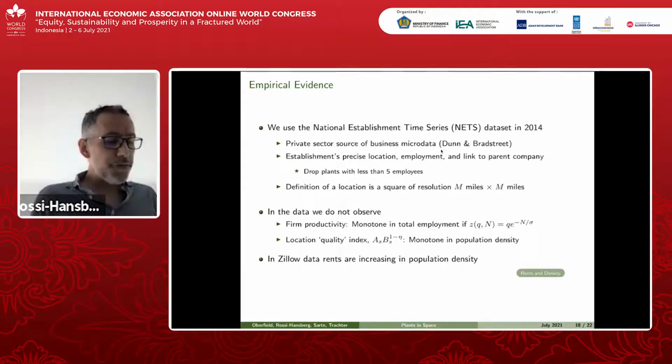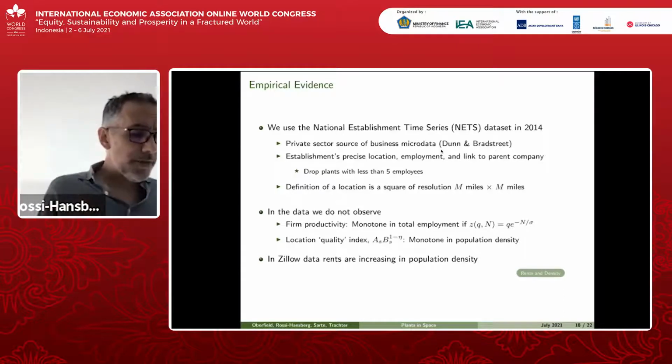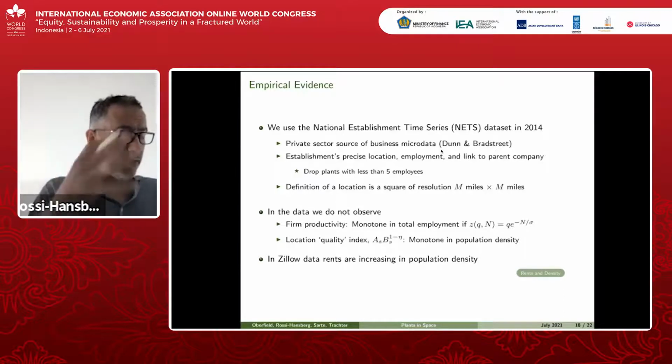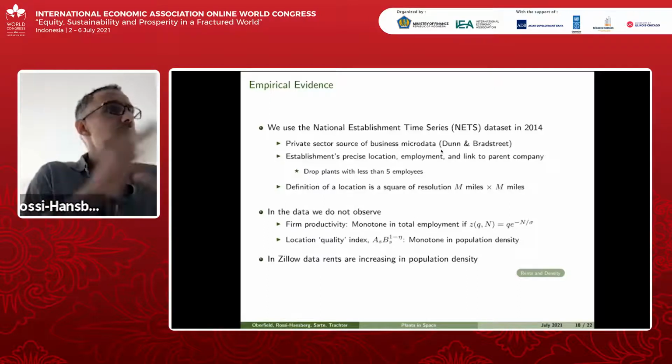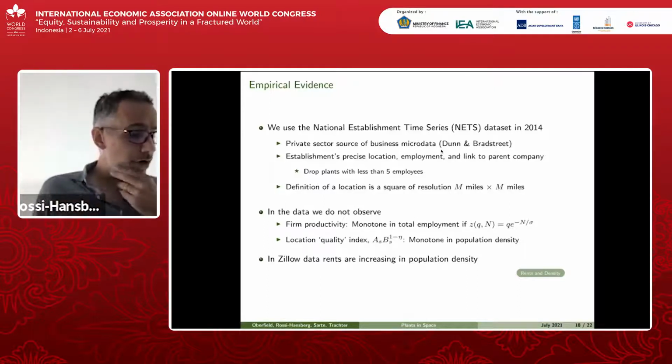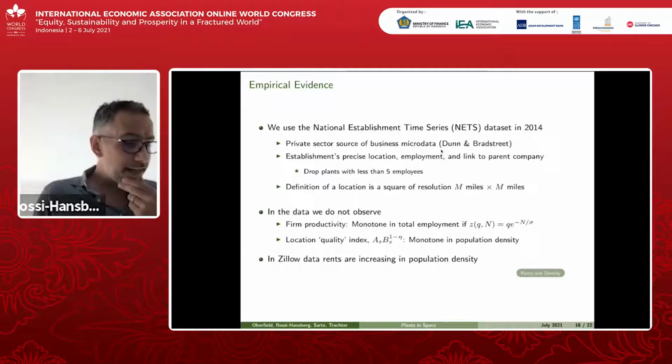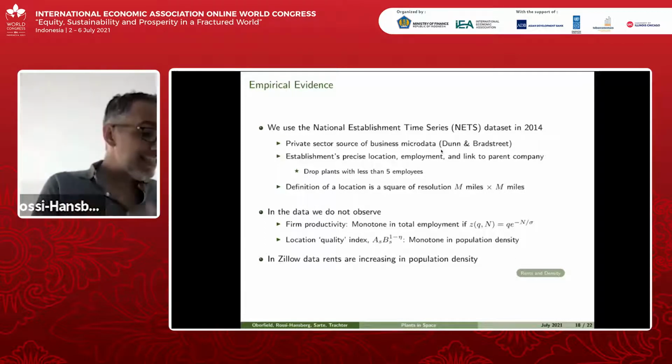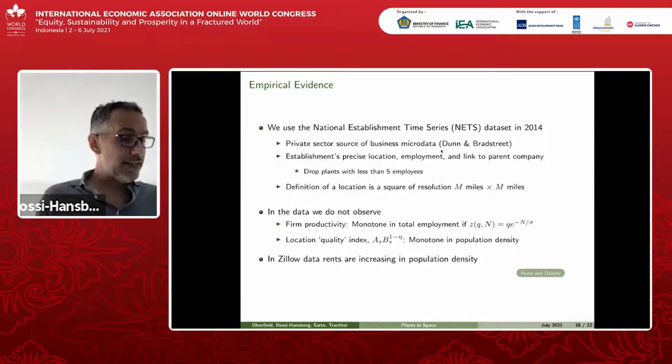And then firm productivity is monotone with the total employment of the firm. So that's going to be our marker, or the proxy, for how productive these firms are, and population density for the characteristics of the location.